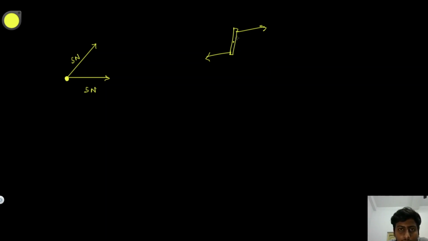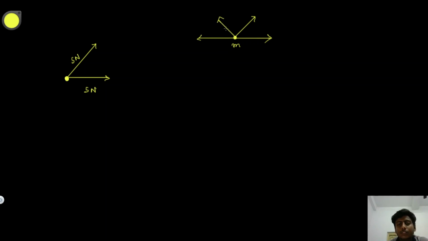It is similar to opening a water tap, where we end up rotating the system. So for a particle, the particle is so small that there is just one point of application. So no matter how many forces I apply, it would not produce any rotational effect.